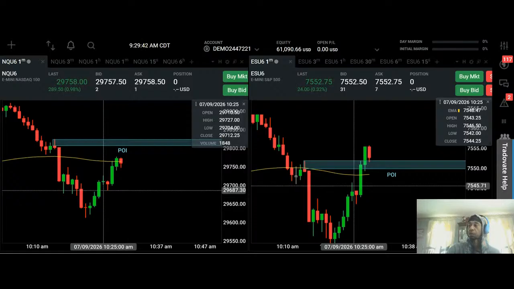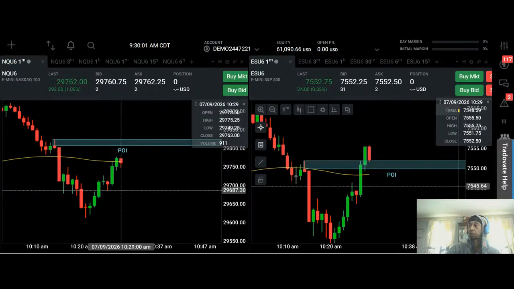I'm just taking a look at something real quick. I don't see anything on any of the other time frames, so I'm gonna stick with this bias right now.